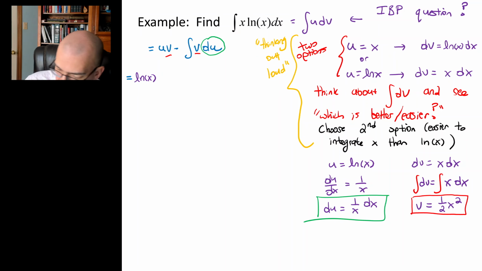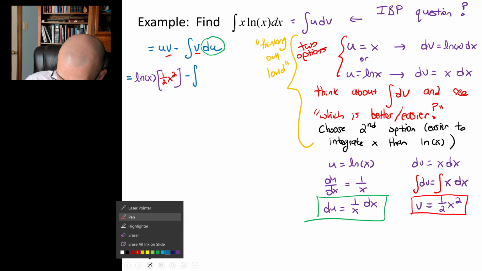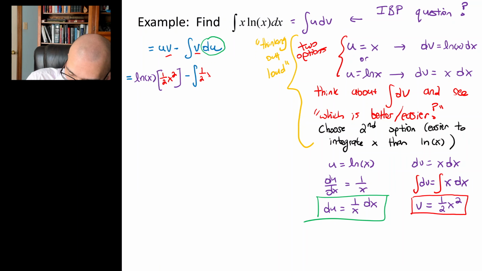Okay, and then v, we just found, was 1/2 x squared, minus the integral of v times du, v is 1/2 x squared, and then du is 1 over x dx.